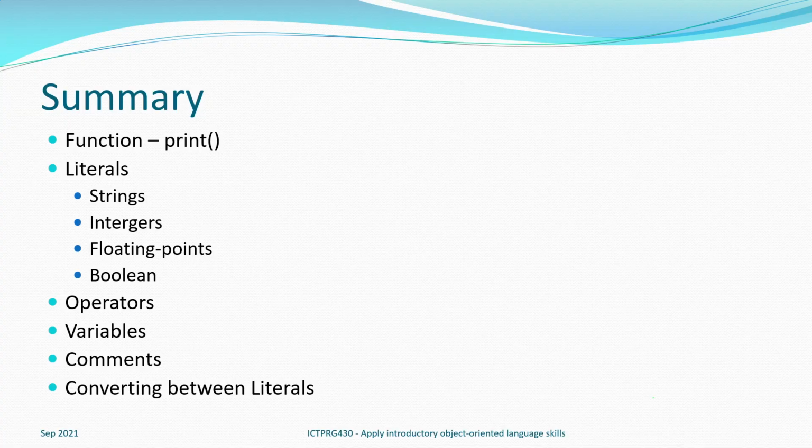We saw how comments assist us with documenting our code so that when we come back to it 6-12 months later, or somebody else has to make a change, it explains what we're doing with the code at any given time. And then we had a quick look at converting numbers into strings using the string function.